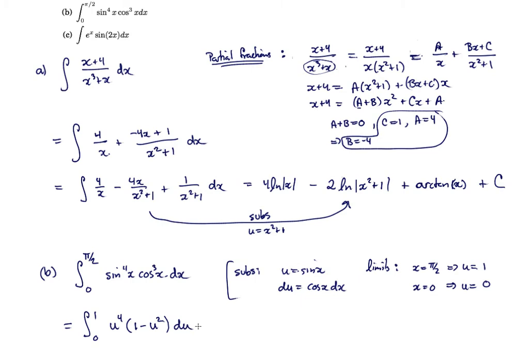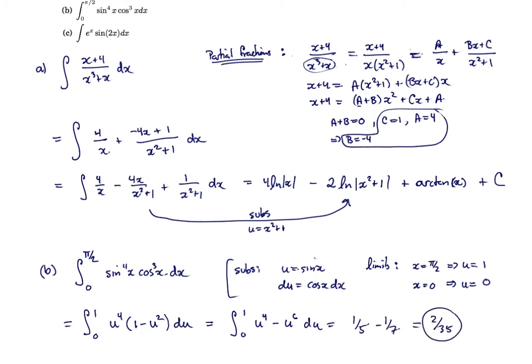So this shrunk all the way down to just the integral of a polynomial. So this becomes from 0 to 1, u to the 4th minus u to the 6th du, which is 1/5 minus 1/7, or 2/35. So let's look at the next example.